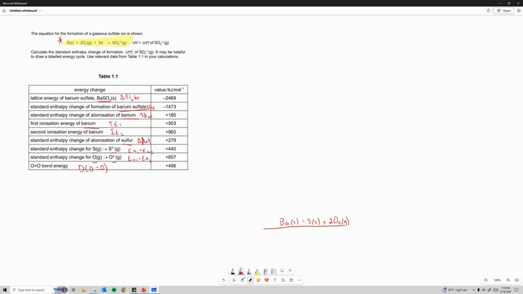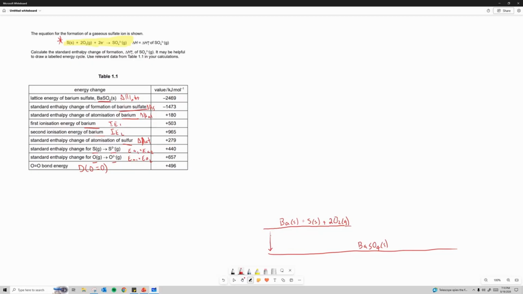Well, the next step in drawing an energy level diagram for lattice energy will be to write an arrow pointing down and put the actual solid compound here. So that will be BaSO4, barium sulfate, as a solid. Now, normally we will label this with delta H of formation of barium sulfate.